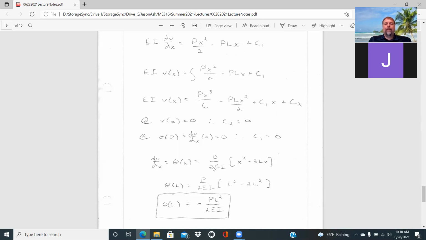And then if we substitute L in for that, we'll have an L squared minus 2L squared, which will give us a minus L squared. And so we end up with theta of L is equal to minus PL squared over 2EI.